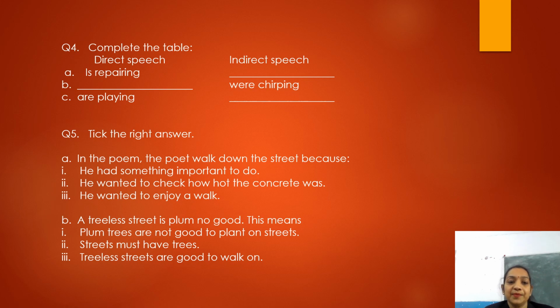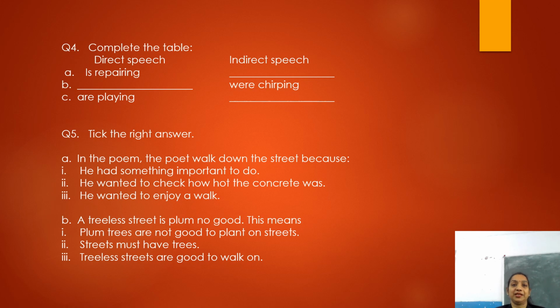B part. Okay? A treeless street is plumb no good. This means, so what does it mean? So again 3 options are given. You have to choose the correct option. Okay? So first option is given as, plum trees are not good to plant on streets. Second option is given as, streets must have trees.